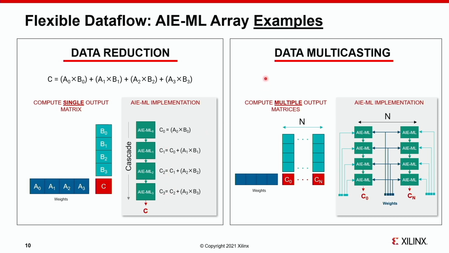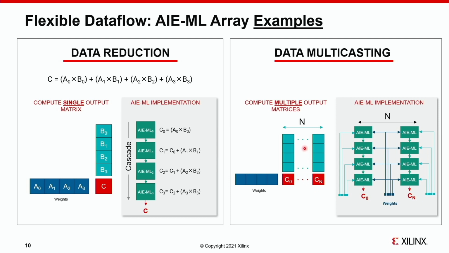The other one that I would like to emphasize is this data multicasting, and that's one example that showcases the value of the non-blocking streaming interconnect. Let's assume that in this case, we want to produce several n number of output matrices.